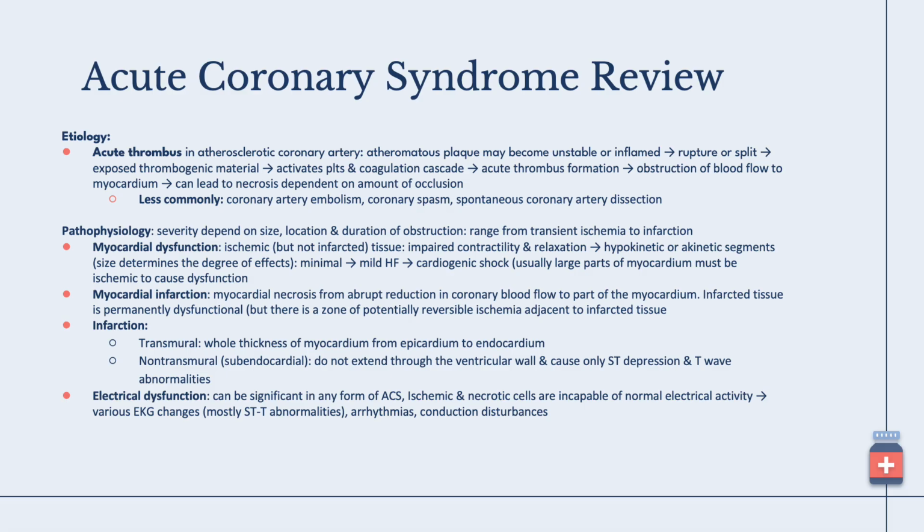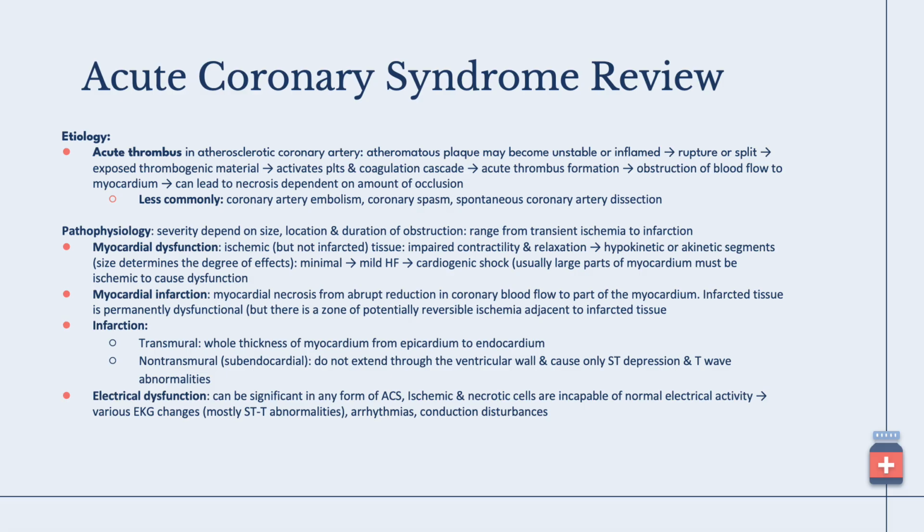Myocardial infarction, so this is the heart muscle that's necrosed from reduction in the coronary blood flow to that specific part of the myocardium. The infarcted tissue is permanently dysfunctional, but there is a zone around that infarct that could potentially be reversible ischemia.